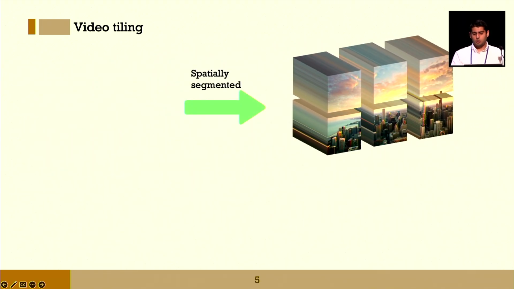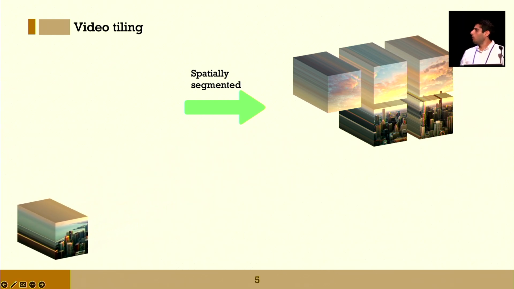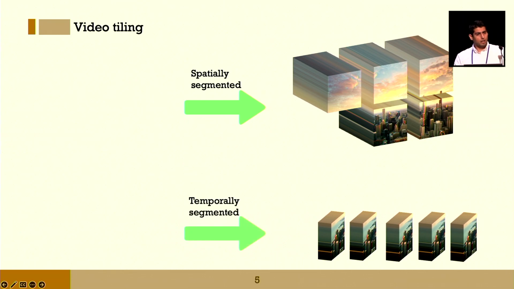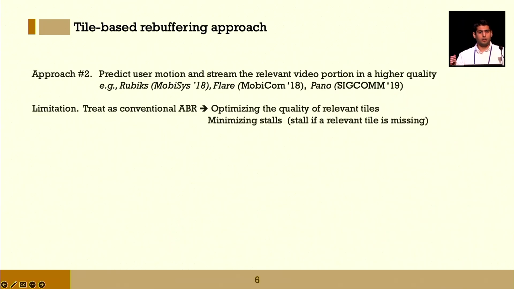Then you would take each region and temporally segment it into a couple of seconds of duration, which we refer to later as tiles. Although this method can significantly reduce the bandwidth requirement, the issue is that they still deal with 360 as a conventional ABR. In this sense, they try to optimize the quality and at the same time minimize stalls, and they would still stall if one single relevant tile is missing.